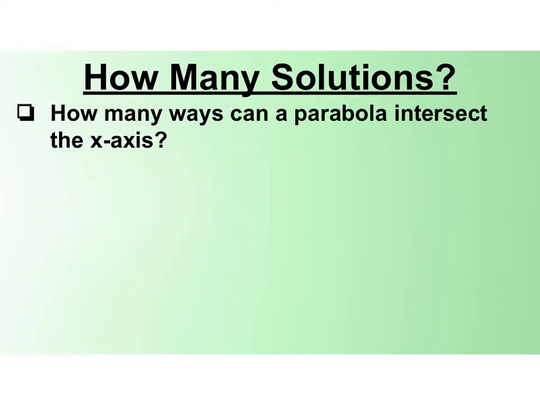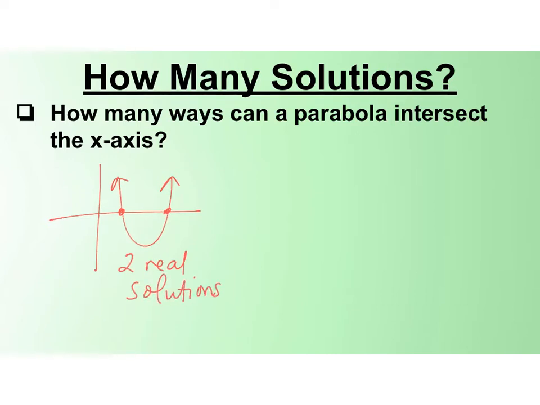So let's think about how many solutions we could have to our quadratic. If I have a normal quadratic that crosses at two places, we would say that this will have two real solutions. If it's just touching the x-axis at one spot, that's called tangent.